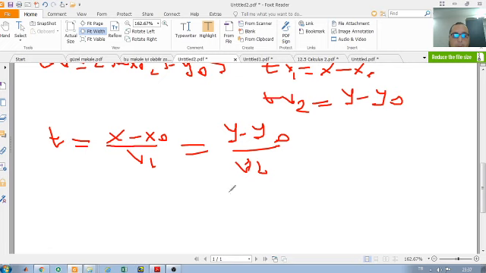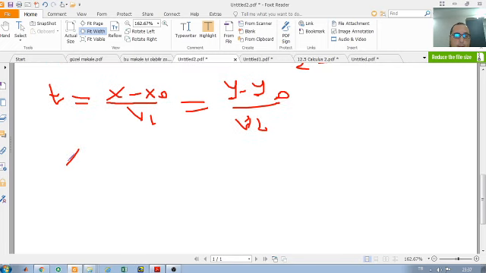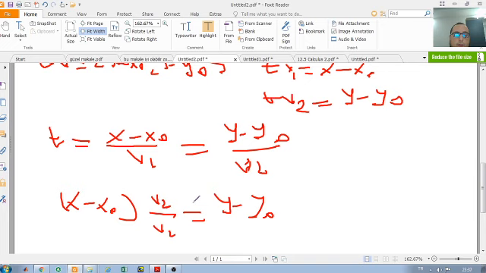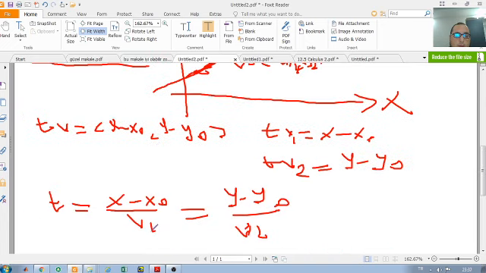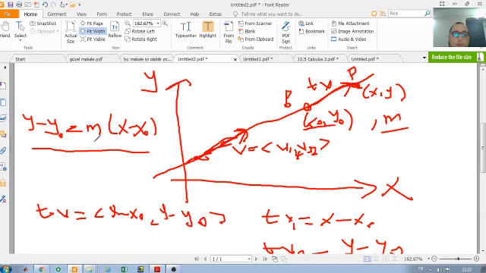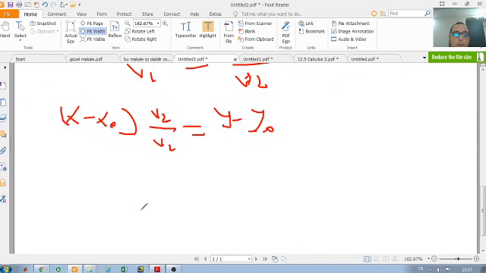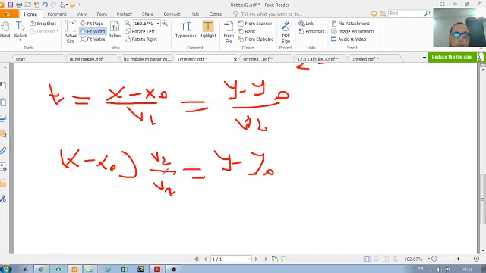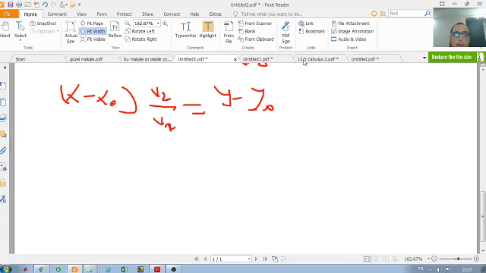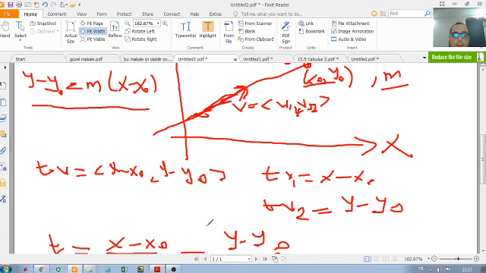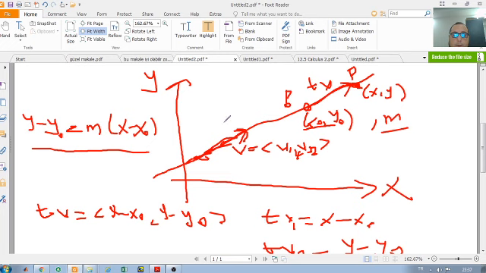If you write this as (x minus x0) times v2 over v1 is equal to y minus y0, this is actually the point-slope form of the line, where instead of m we have v2 over v1. Similarly, in the three-dimensional coordinate system, we will follow a similar way.